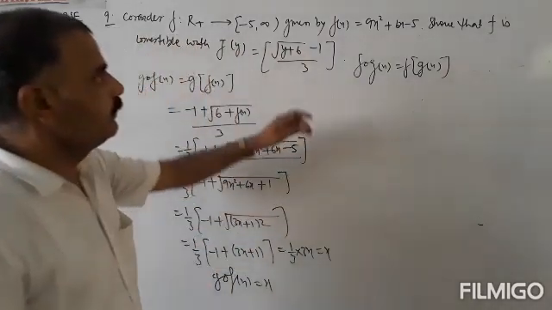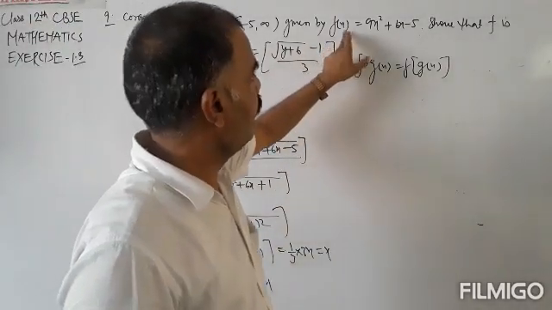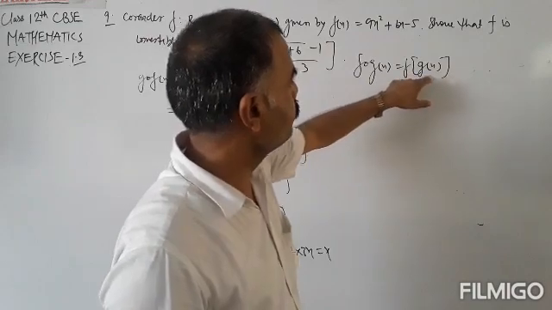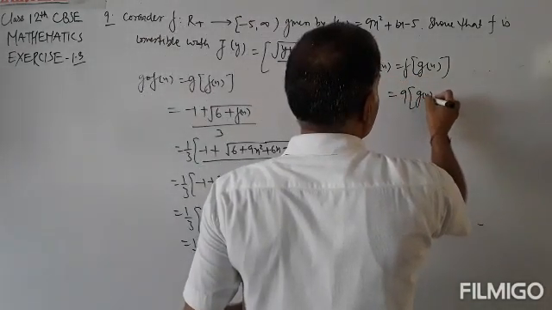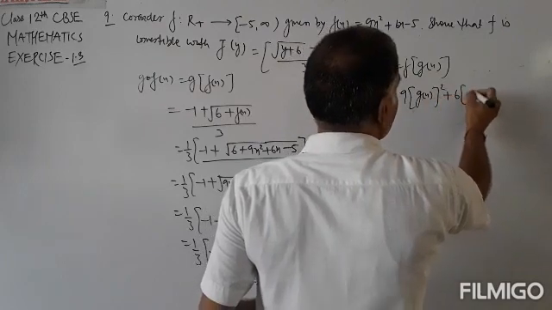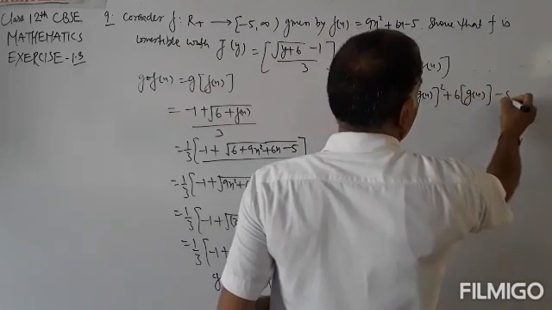Okay, and the image of x under f is this. So the image of g under f is equal to 9 into g(x) square plus 6 into g(x) minus 5.